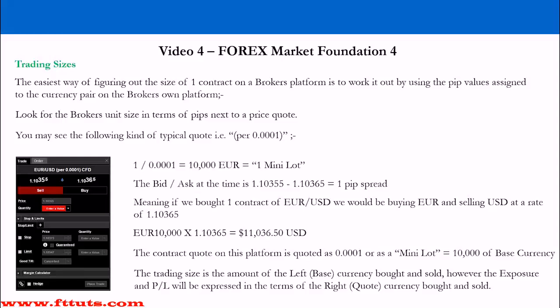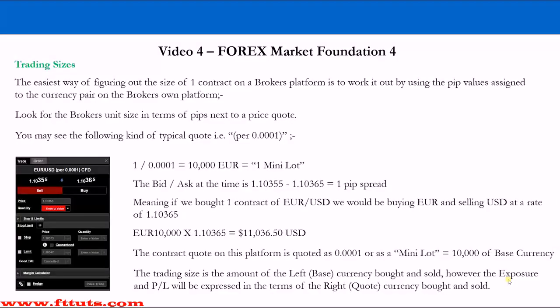However, the exposure and P&L that you'll see on the trading platform, and this is another convention that you need to make sure you understand, is going to be expressed in terms of the currency on the right. So that's how you work out a trading size on a broker's platform, and that's pretty universal. You can apply that on pretty much any platform in the world.